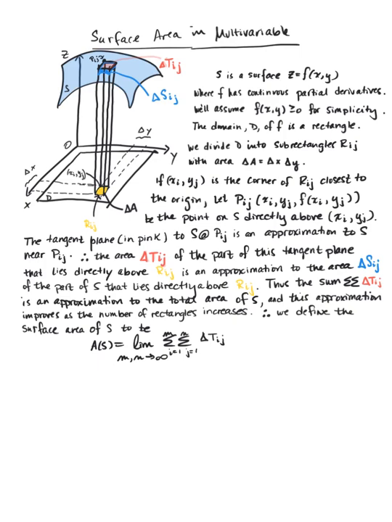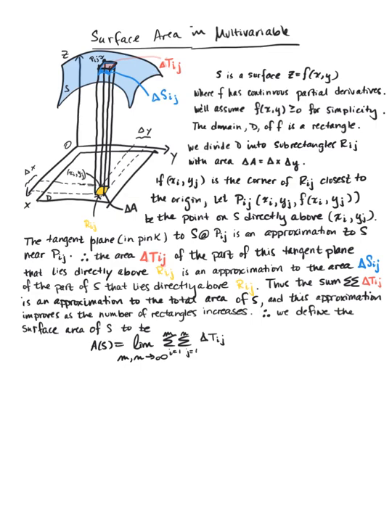So the coordinates of that point are x sub i, y sub j, f of x sub i, y sub j. So that's straight above. The tangent plane, which I colored in pink, to the surface at P sub ij would be an approximation to the surface near P sub ij.